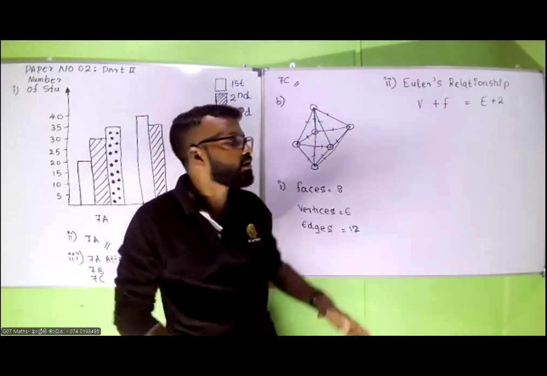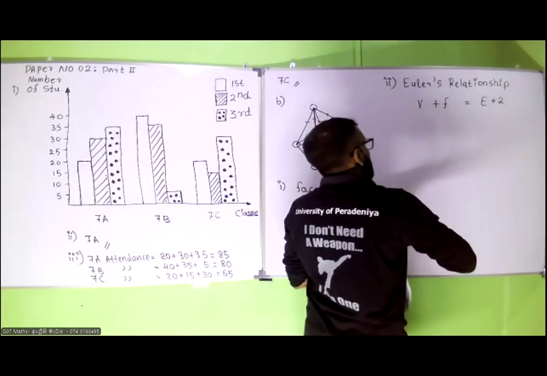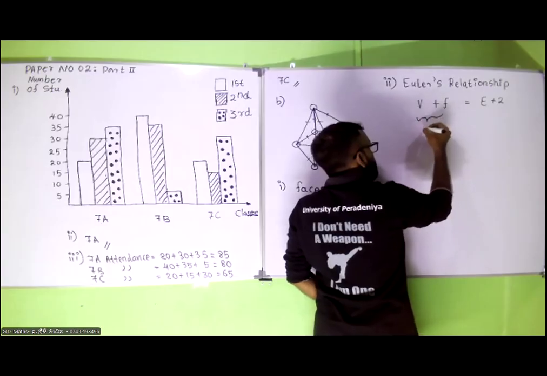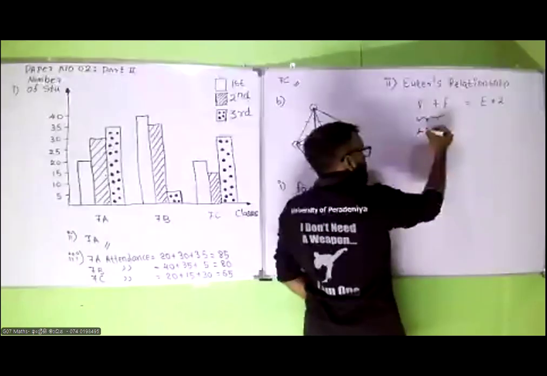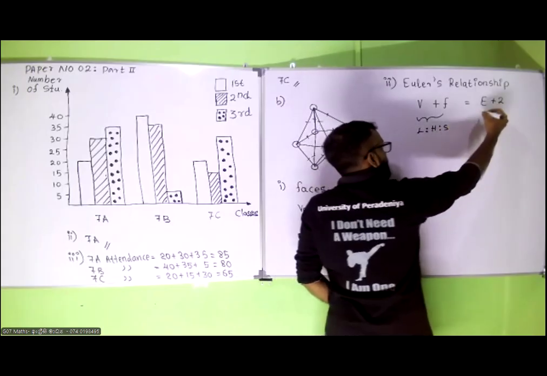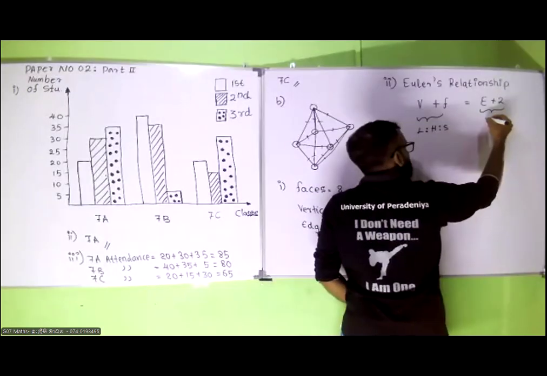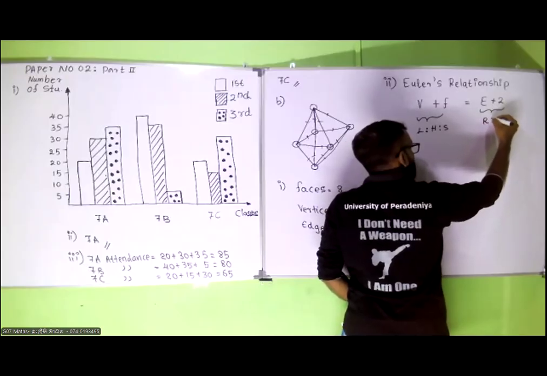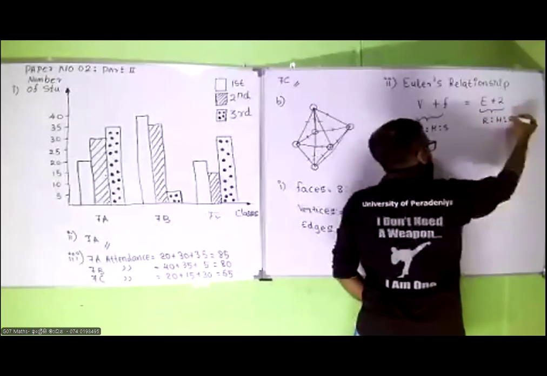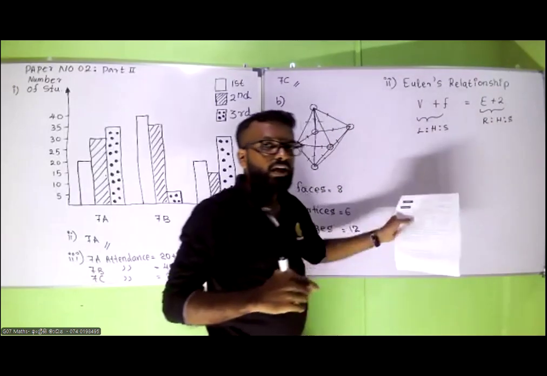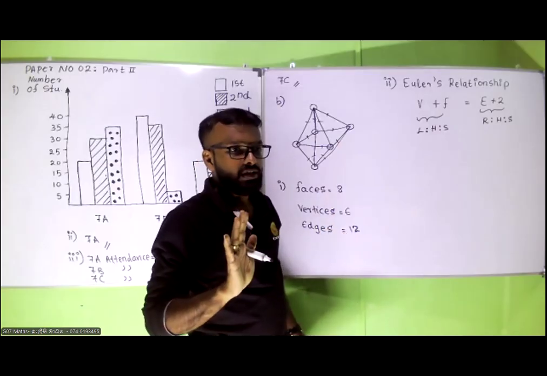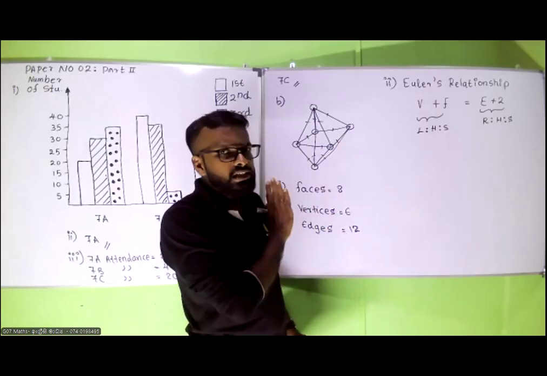So this V plus F is my left hand side, the LHS. E plus 2 is the RHS, right hand side. LHS left hand side, RHS right hand side. That is the easiest way.